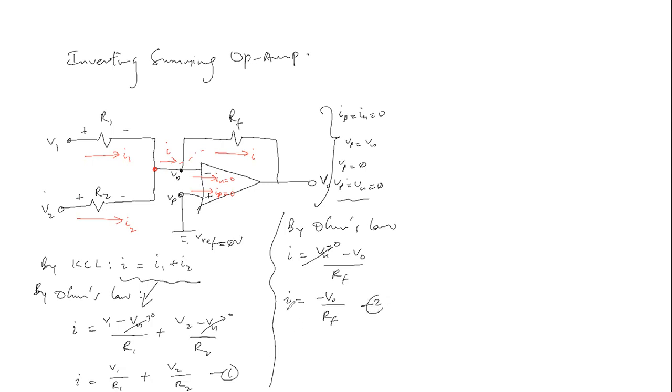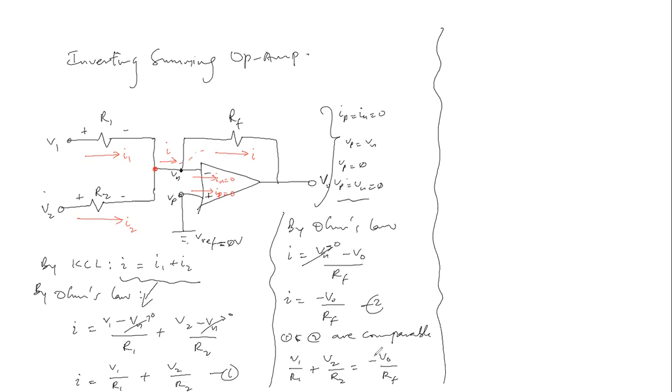Okay. Now, since equations 1 and 2 are comparable, then V sub 1 divided by R1 plus V sub 2 divided by R2 will be the same as negative V naught divided by R sub f.